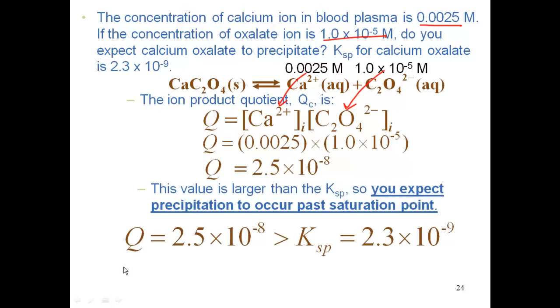Q is 2.5 times 10 to the negative 8, and Ksp is 2.3 times 10 to the negative ninth. 10 to the negative 8th is larger than 10 to the negative 9th. Therefore, Q is greater than Ksp. This means I'm past the saturation point, so there will be a precipitate formed.